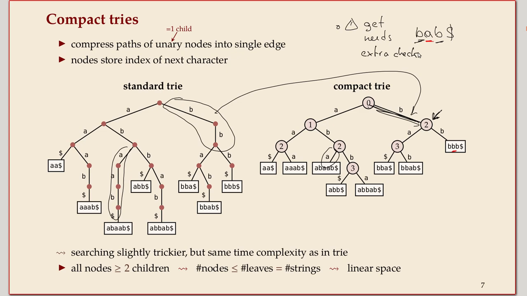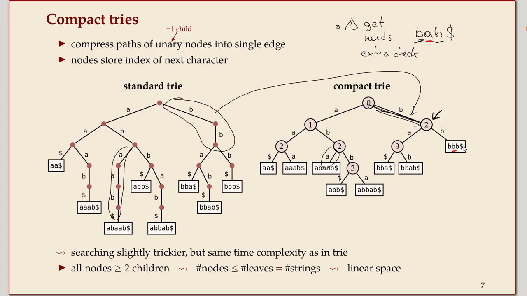You have to check another time. That's what I said with slightly trickier. But the complexity in terms of theta classes remains the same, because you still walk down one path, and what you check is not longer than the path, really. It's not 100% true. This could be very long, but we only check the length of the query pattern.